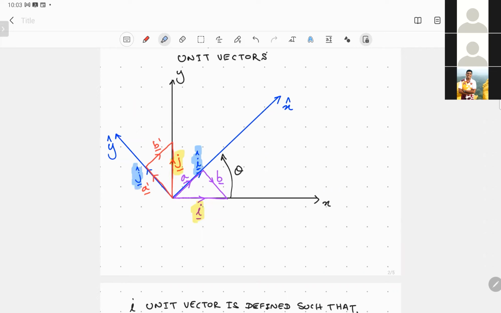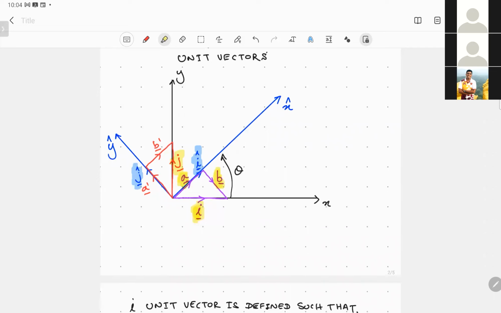Let's try to express this unit vector using two subvectors which are orthogonal to each other, of course. One is in the direction of i hat or x hat. Let's call it a, with an underscore because I am referring to a vector, and b. These are perpendicular to each other.